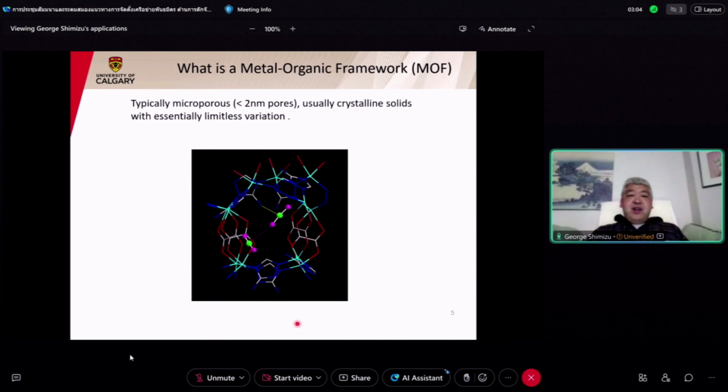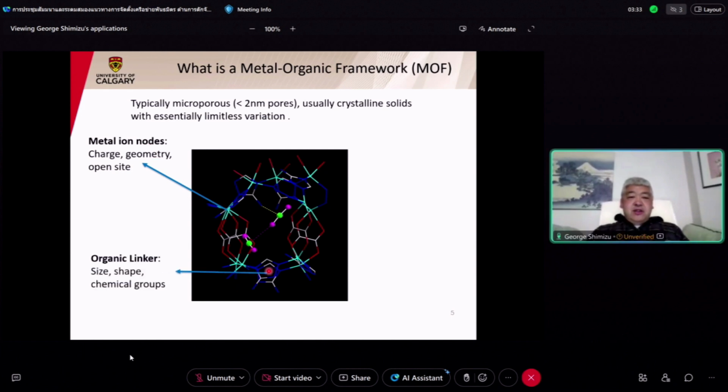So what is a metal organic framework? It's the type of structure shown on the previous slide, but where you have metal components and organic units joining them. This is a contrast to something like a zeolite, where it's metal and then oxide is the linker. In terms of changing these structures, you can change the metal to many different types of metal.